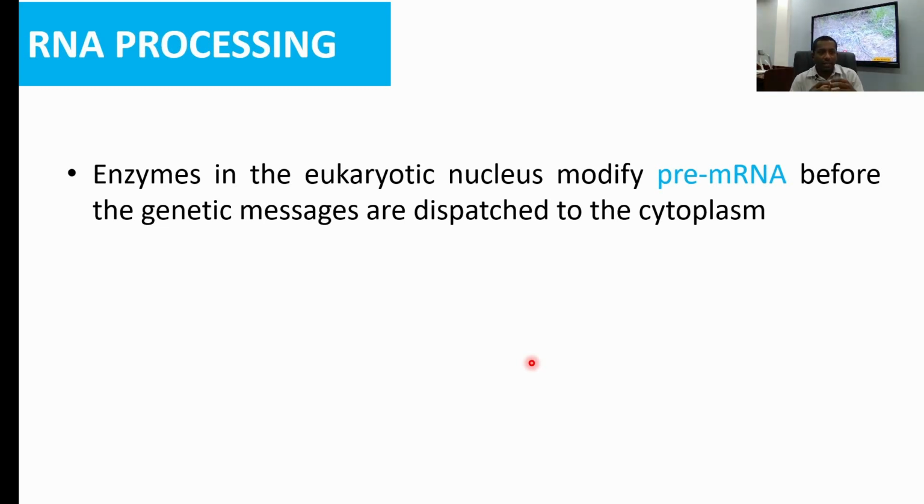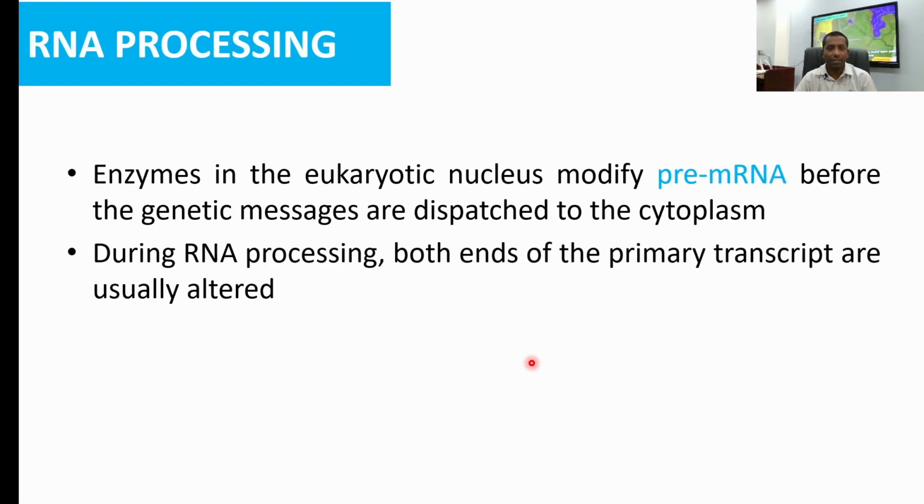So the enzymes in the eukaryotic nucleus modify these pre-mRNA molecules before they are dispatched to the cytoplasm where translation takes place. Remember, transcription takes place in the nucleus, and the mRNA molecule should go to the cytoplasm to complete the translation process. So prior to that, RNA processing should take place.